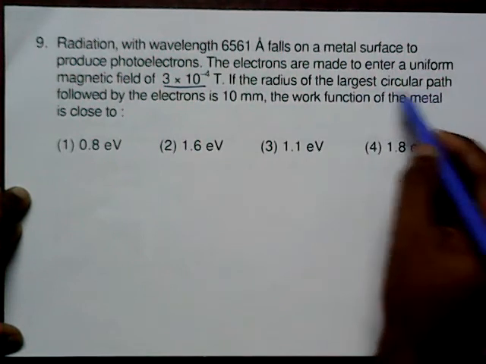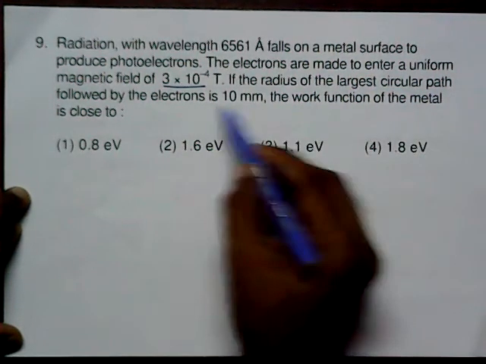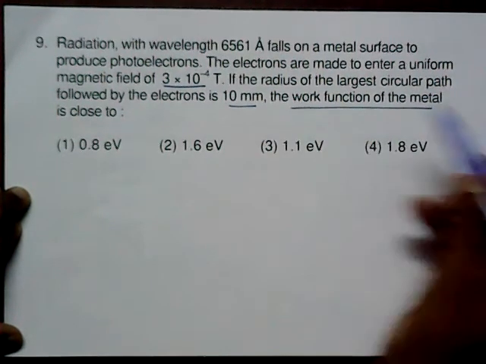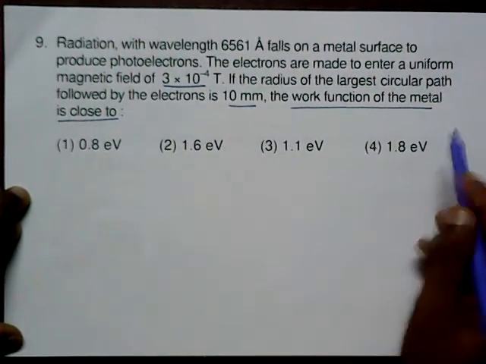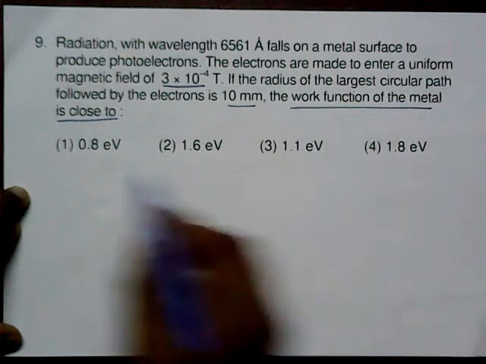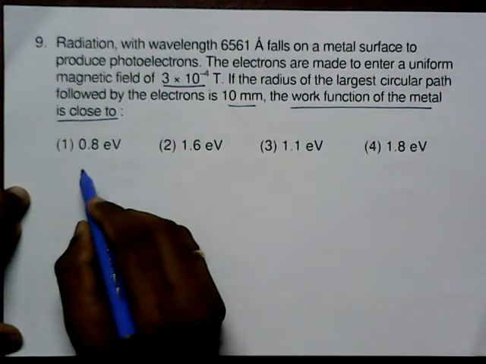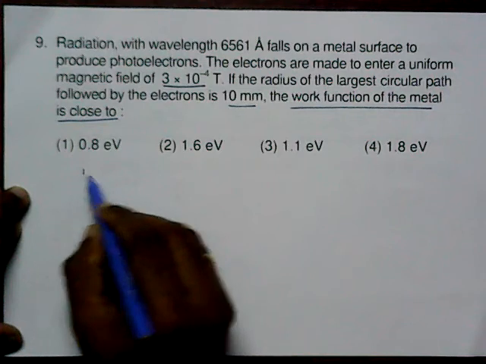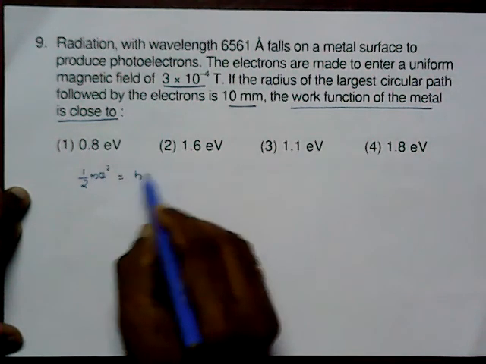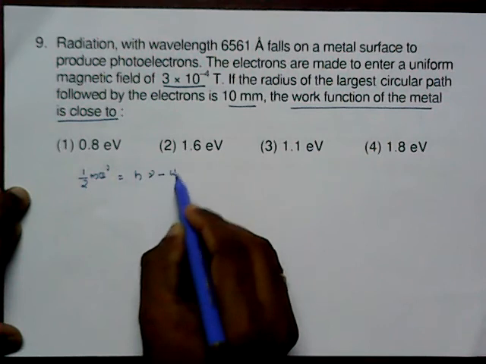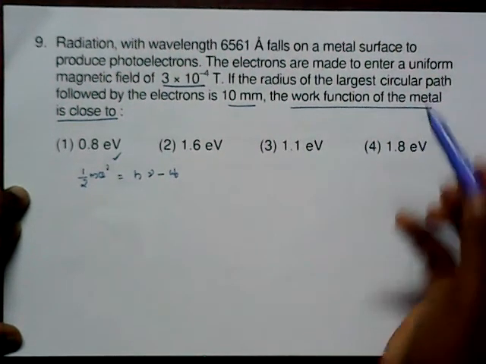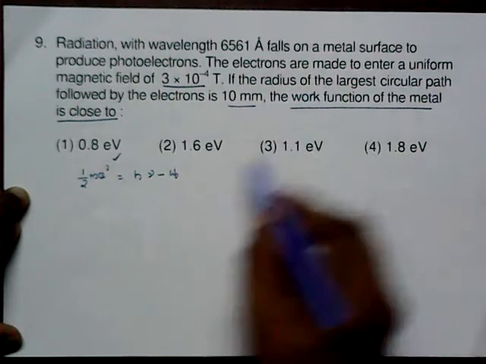If the radius of the largest circular path followed by the electron is 10 millimeter, the work function of the metal is close to what? At first we can apply the photoelectric concept. You know there, half m v square is equal to h nu minus the work function. But we have to relate it with the movement of the charged particle in a magnetic field.